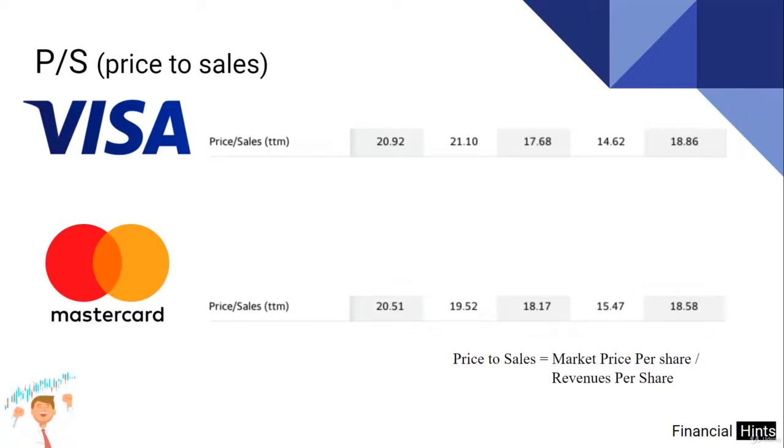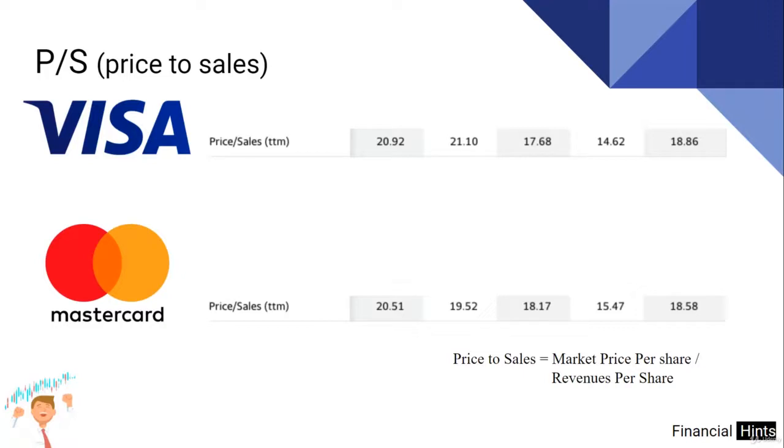And here I have two examples of companies. The first one is MasterCard, and the second one is Visa. Or sorry, the other way around. That tells us, if I buy a stock today, how much I'm paying on sales, if you divide the sales or the revenues by the number of shares. It tells us that for every MasterCard or Visa stock that we pay, we are paying 20 times the current sales.